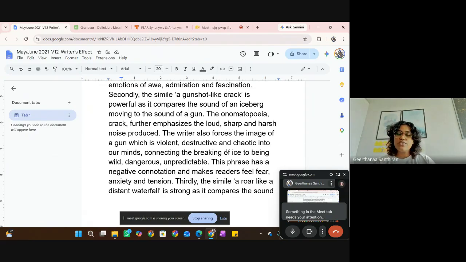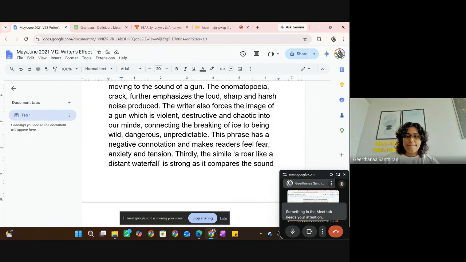The writer also forces the image of a gun, which is violent, destructive, and chaotic, into our minds, connecting the breaking of ice to being wild, dangerous, unpredictable. This phrase has a negative connotation and makes readers feel fear, anxiety, and tension.